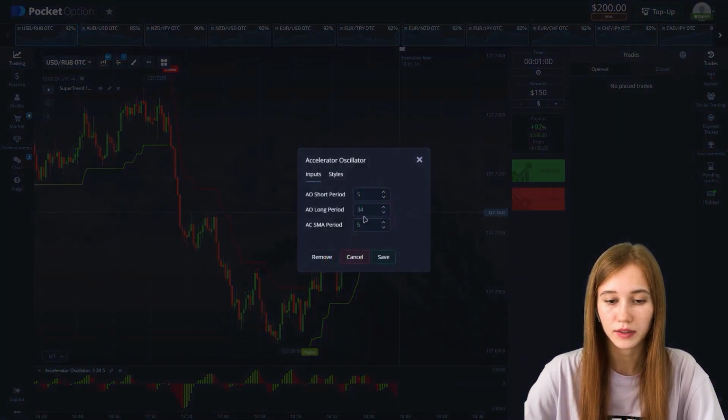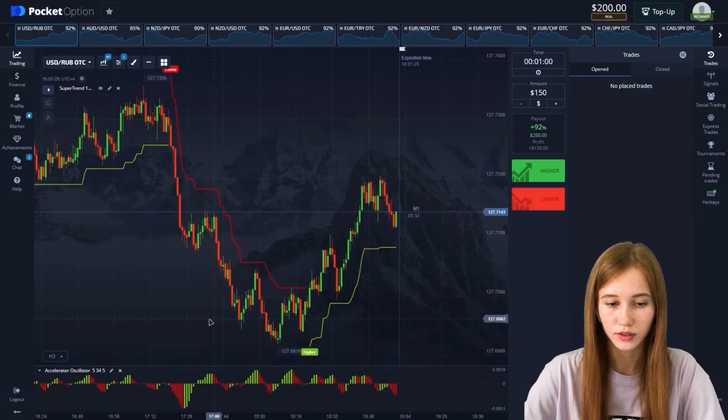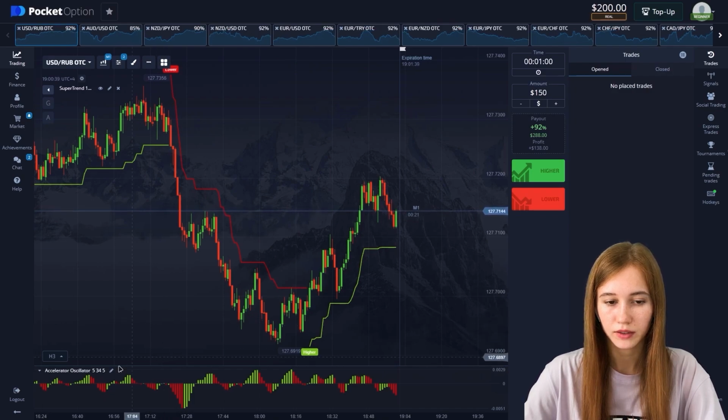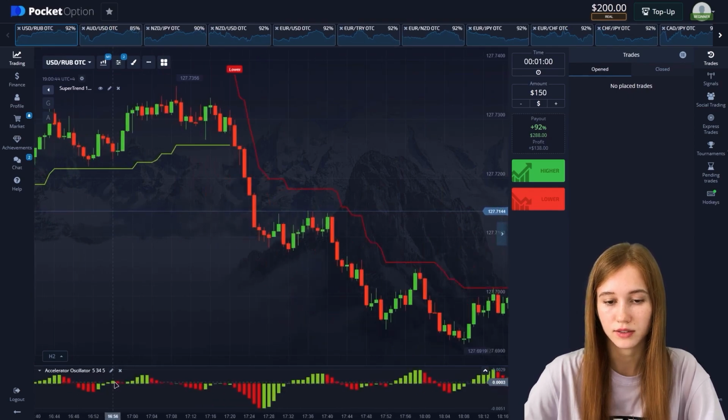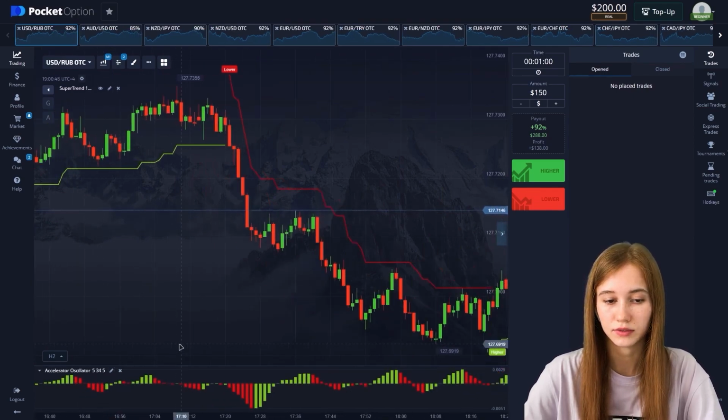So the second one, oscillator, you can see the settings. So how it works. We only need two consecutive confirming bars to open a trade. Like here, here.